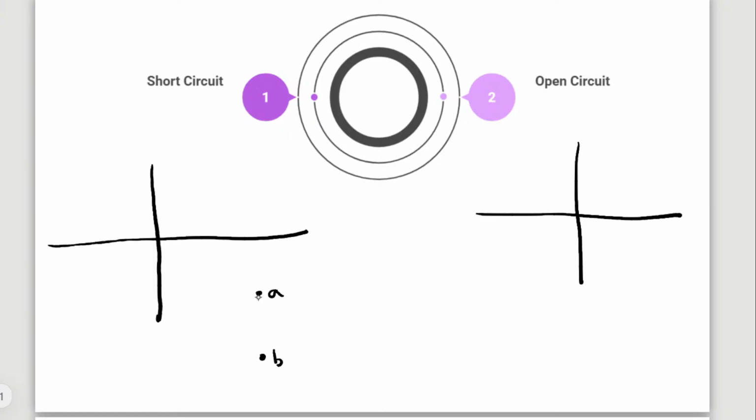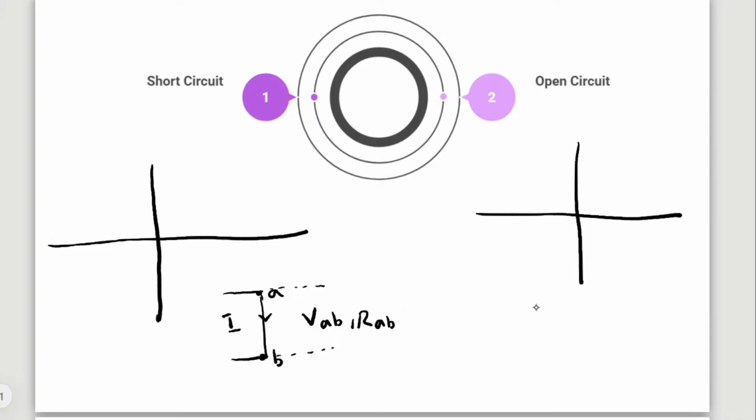The points A and B are short circuited, like this. The voltage across this is VAB, the current across AB is I, and the resistance across AB is RAB.